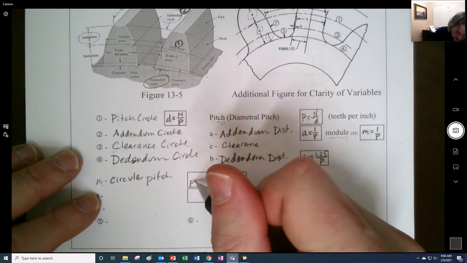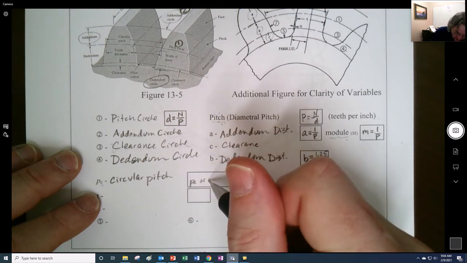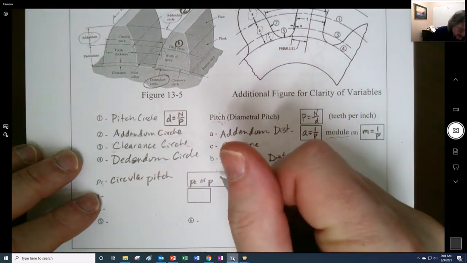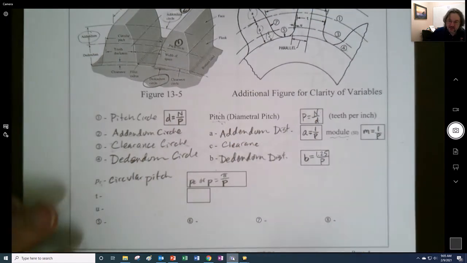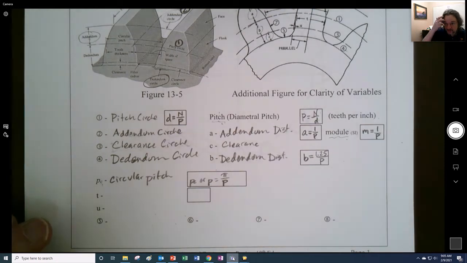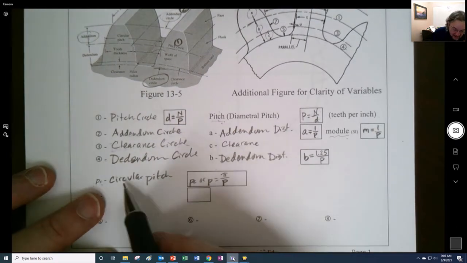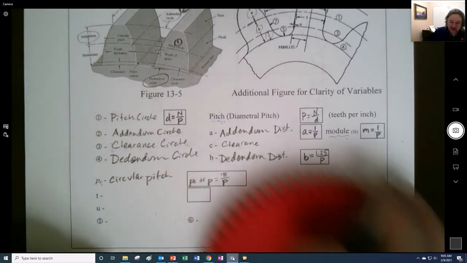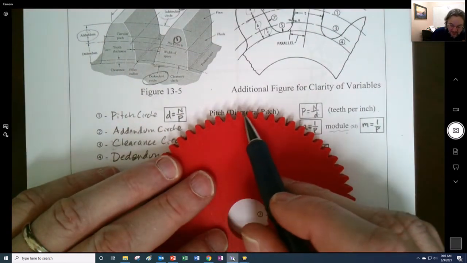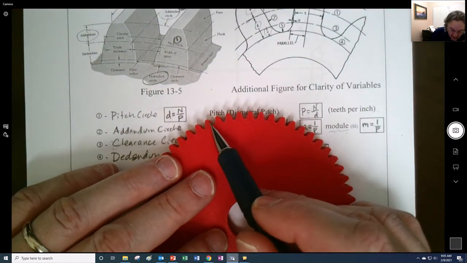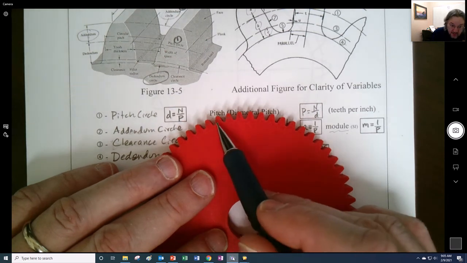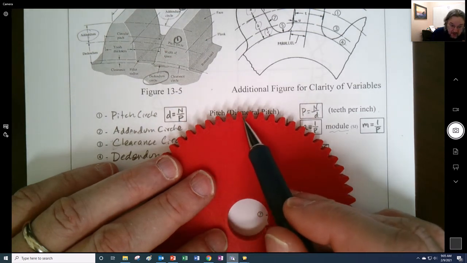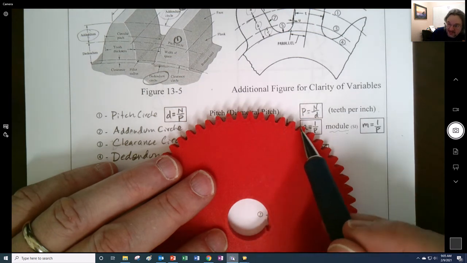So they'll write that as Pc or just lowercase p, and that equals pi divided by uppercase P, or diametral pitch. And this one, circular pitch, is a physical thing. It's along the pitch circle, which is actually somewhere right in there, right? But counting along the pitch circle, we're able to have the number of teeth per inch.